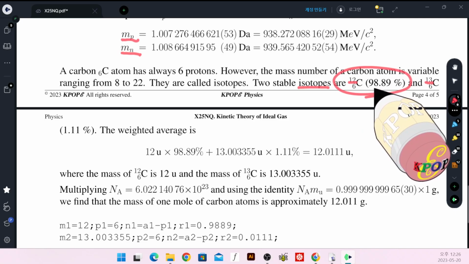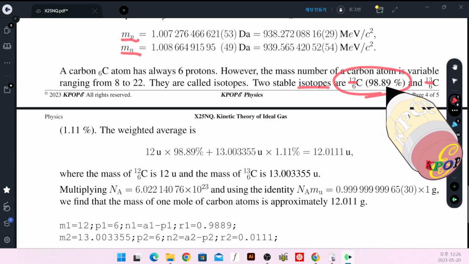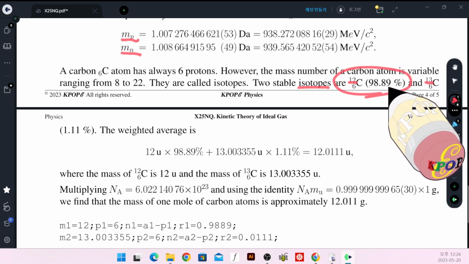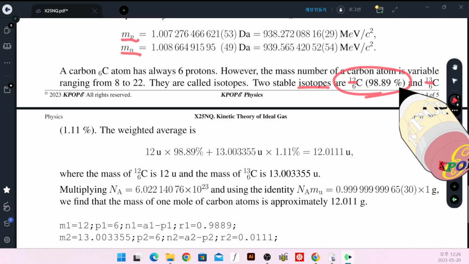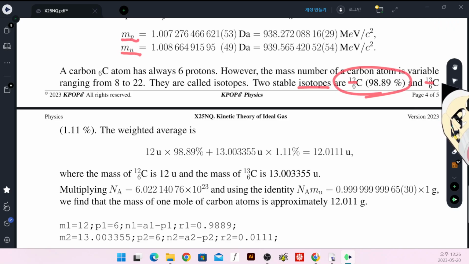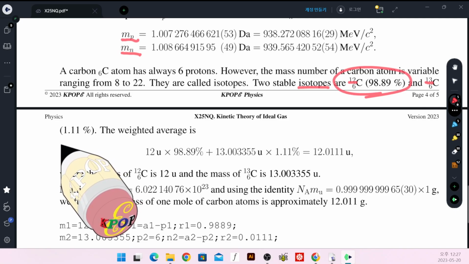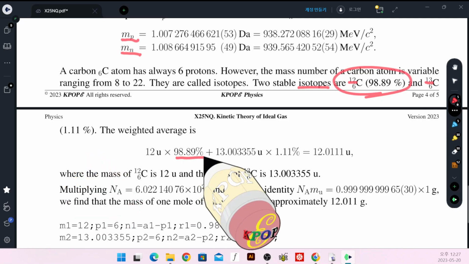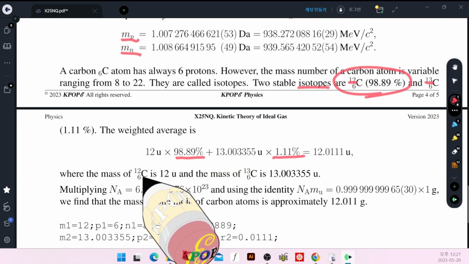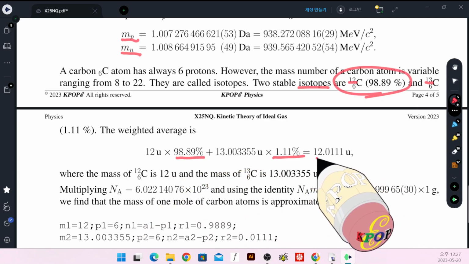C12 has a population of 98.9%, and C13 is rare but not really significantly rare. It is about 1%. So if you take the weighted average of these two masses, then you will find it is 12.01, something like that.